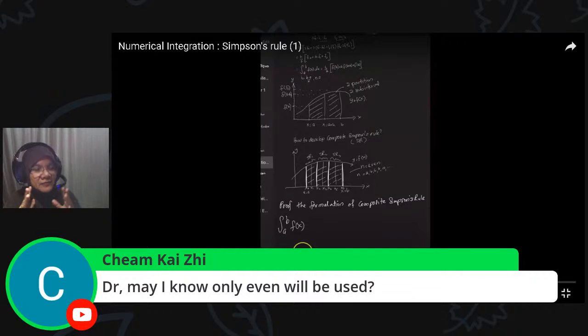But if it is odd, you can use the trapezoidal rule. The trapezoidal rule is available for odd and even. The n is the number of intervals, number of subdomains, number of partitions.